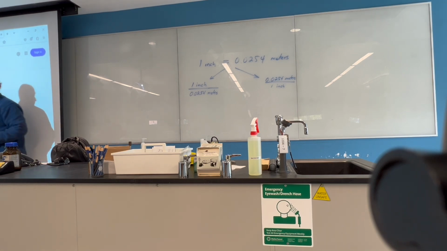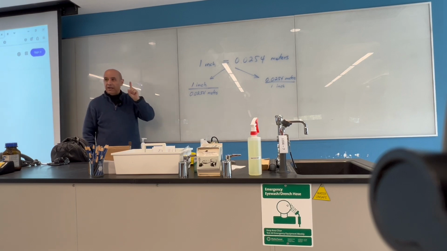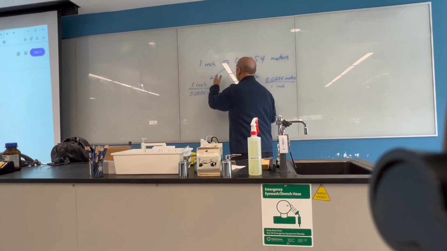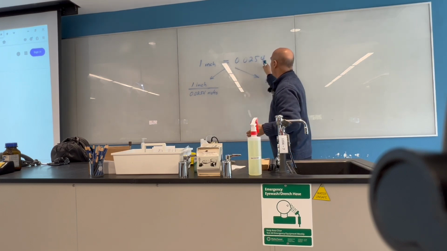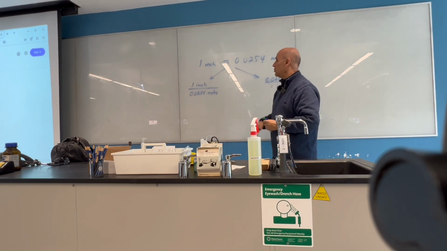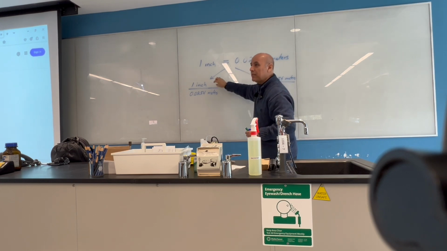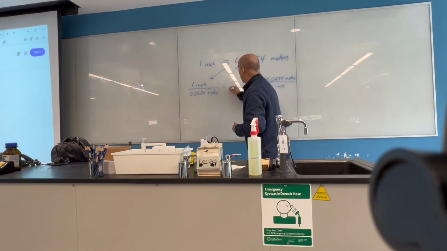Well, that and these are not the same. Why? Because we have the units here. And by putting the units there, I'm basically saying, you know what? 1 inch is exactly the same length as 0.0254 meters. In other words, I'm dividing 3 by 3, or 2 by 2, or 1 by 1. I'm dividing the same amount by the same amount. And what is the answer to that? 1.